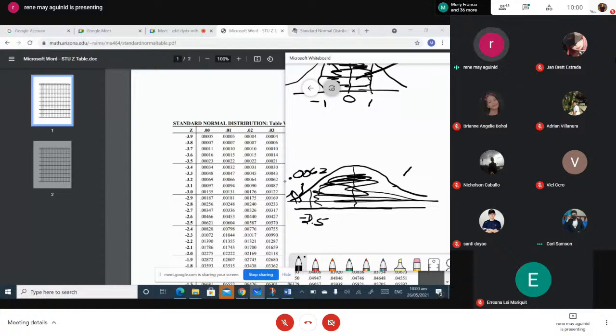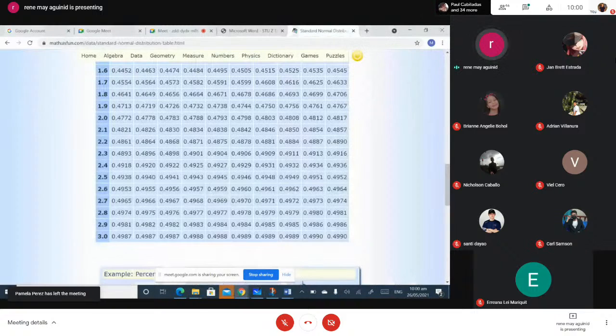Para makuha ning kani, walay labot niya kani dire. Walay labot ang negative left side sa -2.5. Ang atong area nga kuhahon is right of -2.5 to the positive infinity. Sa buhaton, if your value sa -2.5 is 0.0062, gamit ato nga table.